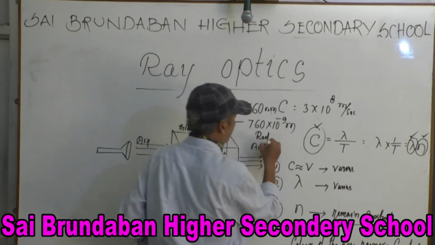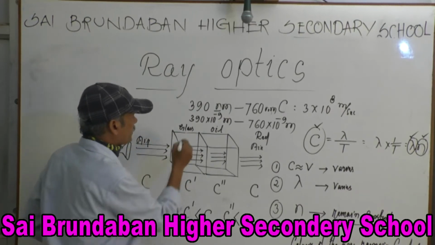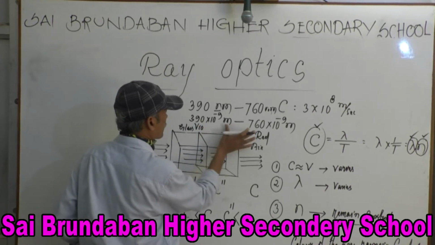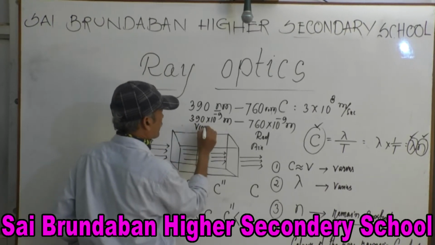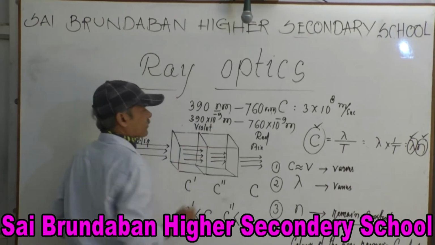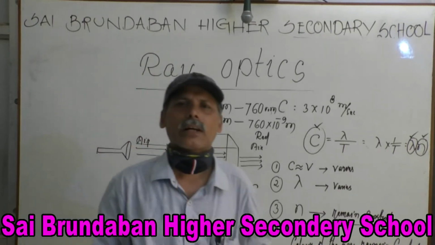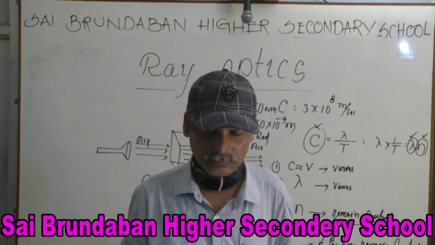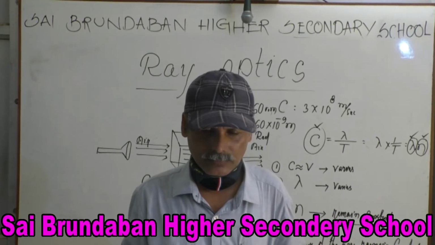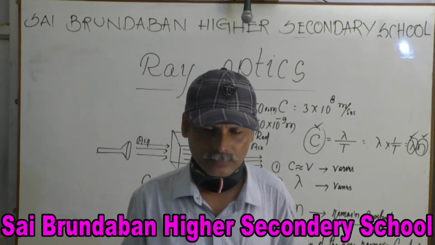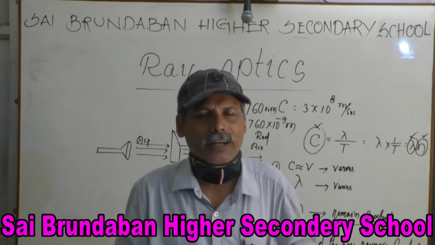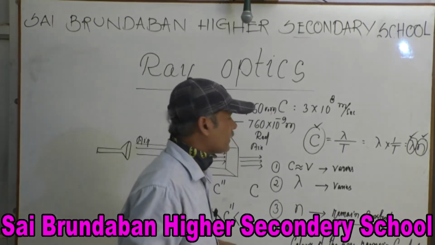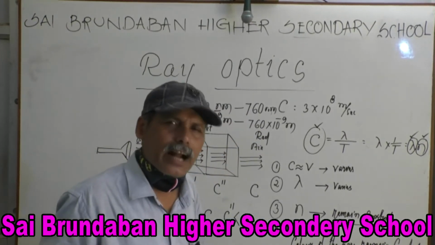It is red. Then this is violet. This is all about the prehistory, the introduction to the chapter ray optics. Let's start now.